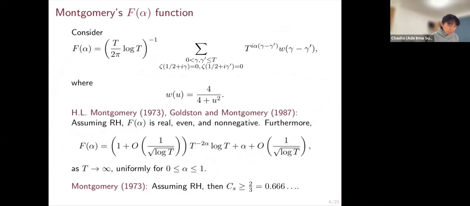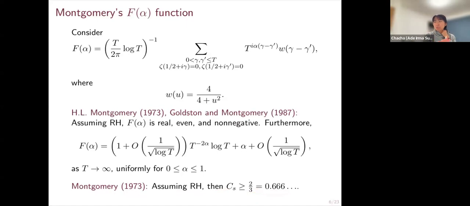Then using this, it's not hard to show that at least 2/3 of the zeros are simple. So we get 2/3 proportion of simple zeros under RH. And you see this is more than 66% compared to the previous unconditional results we went so far beyond.